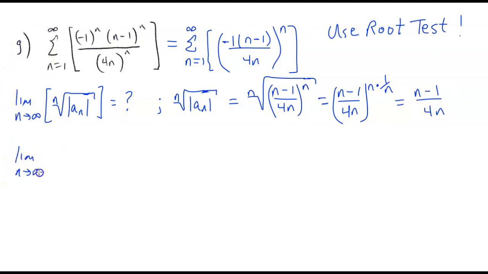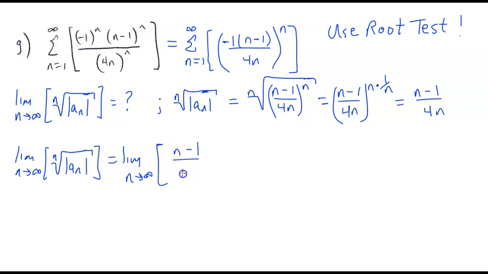So for this particular situation, let's take the limit of what we have going on here, which would be the same as the limit as n approaches infinity of n minus 1 over 4n. Here we know that both the numerator and denominator act like the polynomial, where the leading term is going to be its behavior for large values of n.